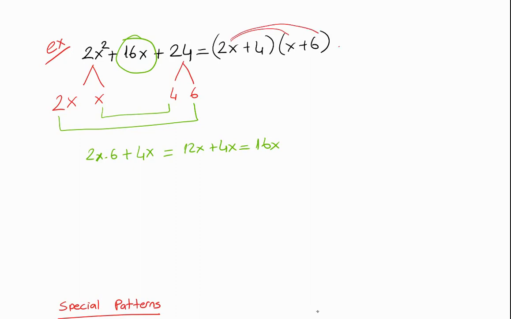Multiply two of them: 2x squared plus 12x, and here plus 4x plus 24, which is equal to 2x squared plus 16x plus 24. Check.